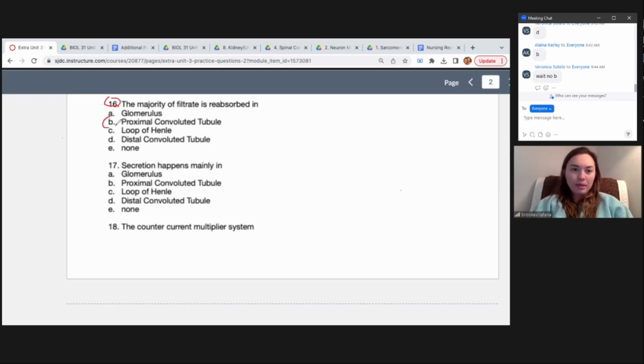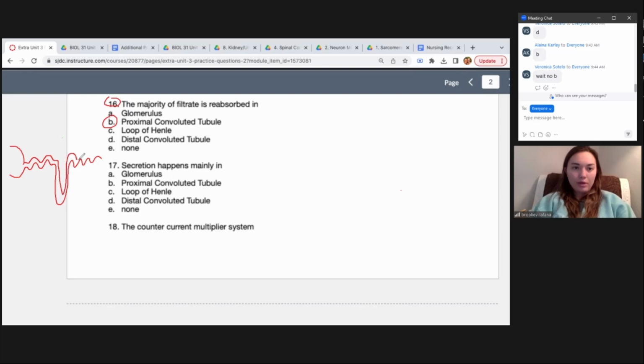So option B is correct. The proximal convoluted tubule is where we have the majority of filtrate reabsorbed. Remember, we have our nephron, we have our proximal convoluted tubule and our loop of Henle, and then our distal convoluted tubule and our collecting duct.